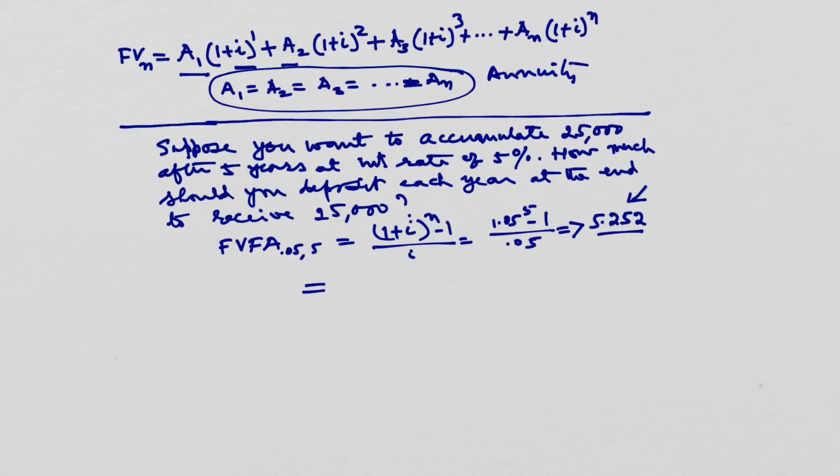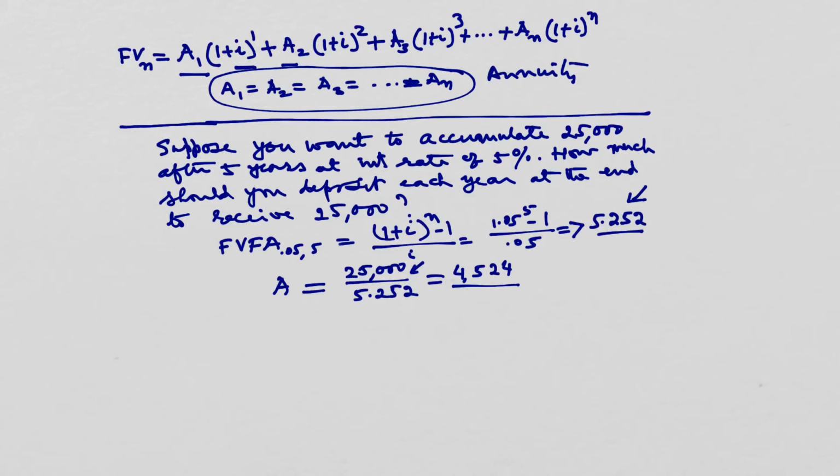If you want to find this annuity, it is simply 25,000 divided by 5.252. So approximately you must deposit 4,524 each year, whose future value or accumulated value after 5 years will be 25,000.